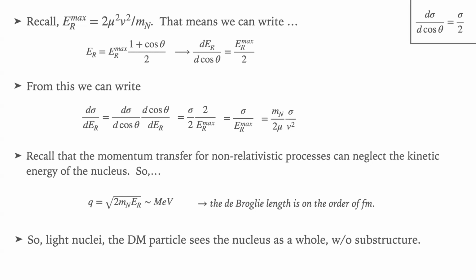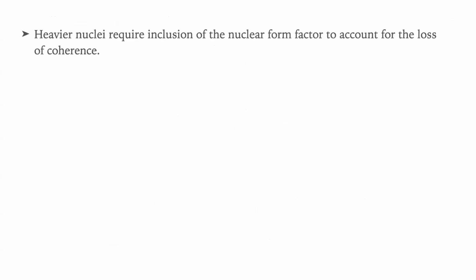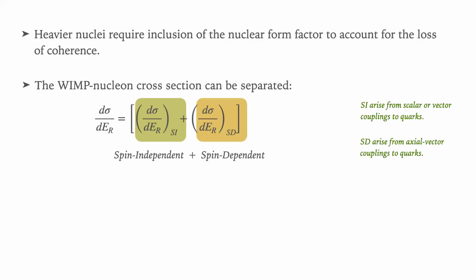And this is great for simplifying our calculation. But if you have a heavy nucleus, that would require the inclusion of nuclear form factors in order to account for the loss of coherence. So if our dark matter particle is light enough, we can have that coherence, but if not, we have to think about these form factors.